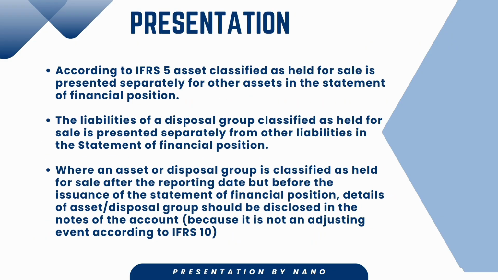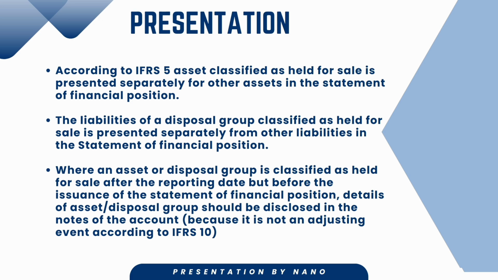So now let's move to the next thing on our plate. We have presentation. So how do we present this information? Now we agree that the asset meets the criteria of IFRS 5 for reclassification. We now know how to measure the asset. We know what the value of the asset is.